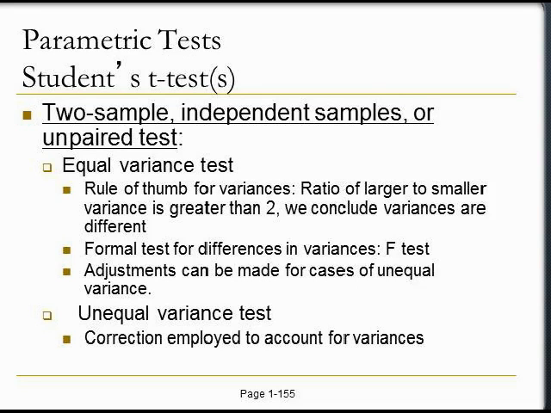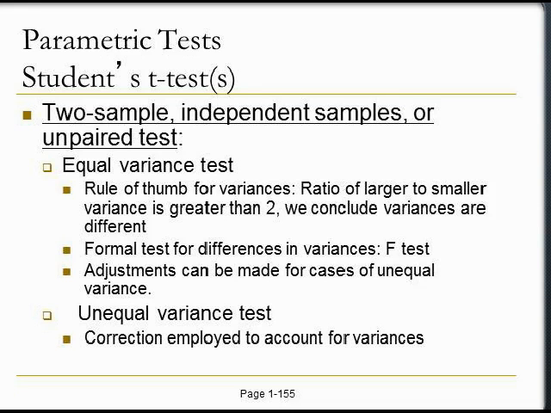Basically, the rule of thumb suggests that if the ratio of the larger variance to the smaller variance is greater than 2, then we would conclude that those variances are different. Not the standard deviations, but the variances. Okay, so the rule of thumb is that if the ratio of the larger variance to the smaller variance is greater than 2, then we would conclude that those variances are different.